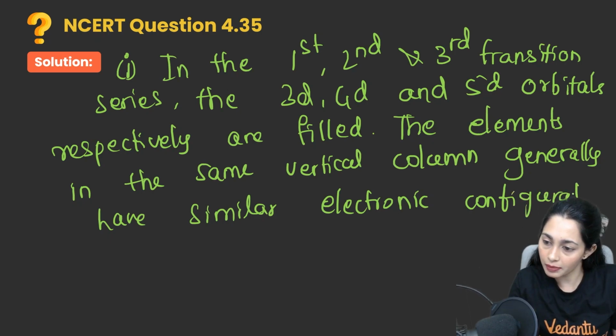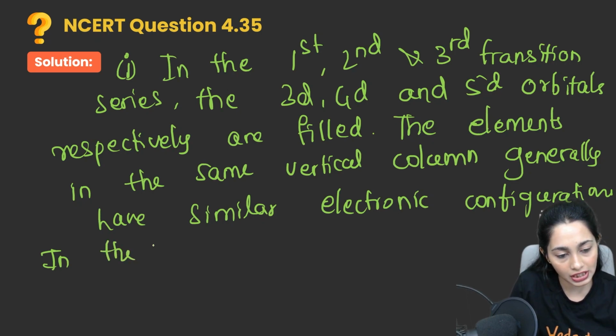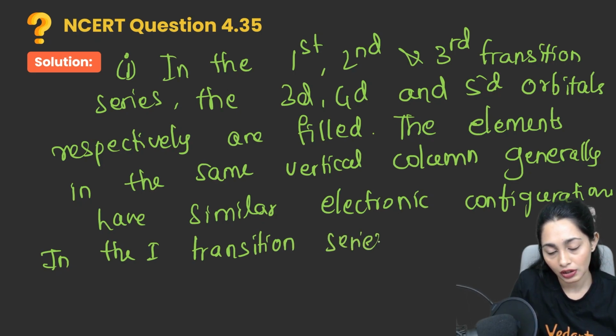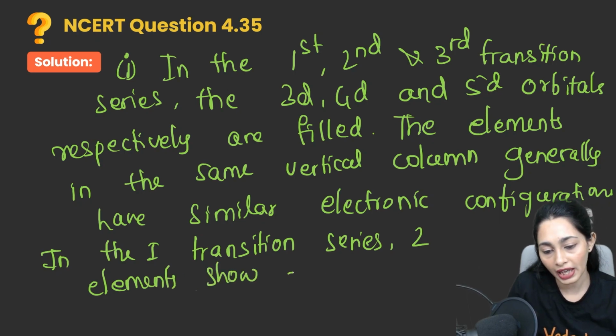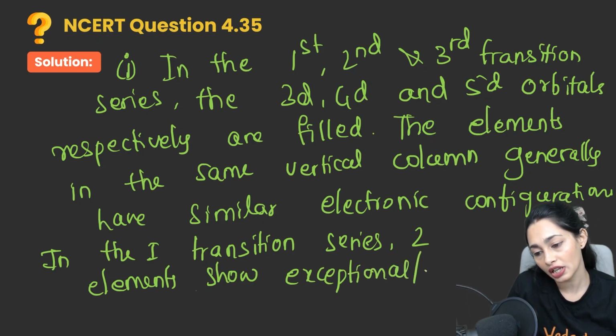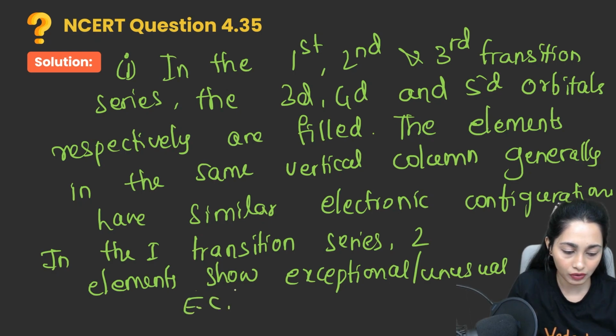Let's take some examples. In the first transition series, two elements show exceptional or unusual electronic configuration. Which are those?